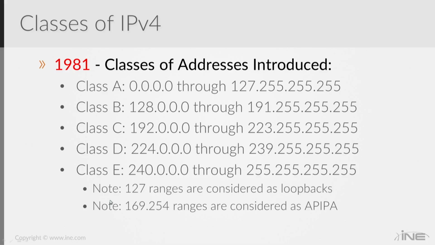If you're curious as to why, if you're watching this in the live class right now, in the files section in the upper right, you'll see I've included a PDF of these slides, and in the notes section, I've included a URL in there that talks about why class E is never going to be used.